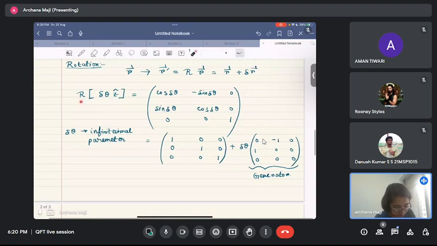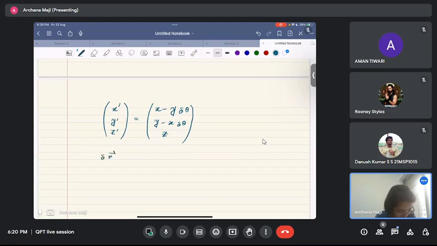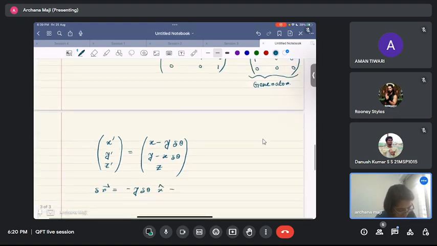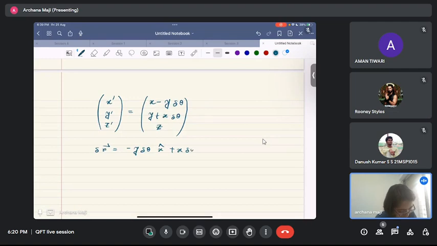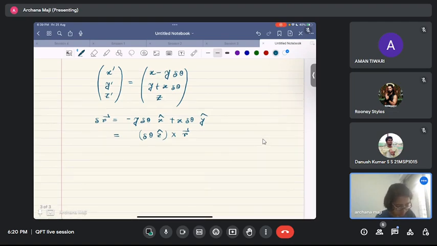This rotation matrix, when it acts on the initial vector, gives you this r prime. So what is delta r vector? That is basically minus y delta theta x hat plus x delta theta y hat, and this can also be written as delta theta along z hat, cross r vector. Is this clear?